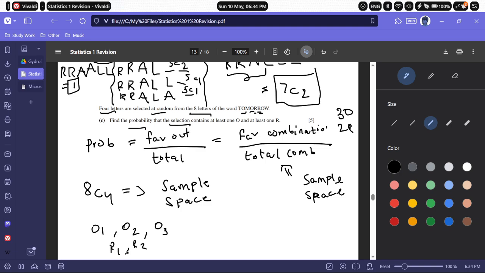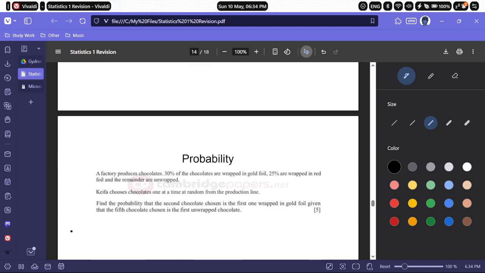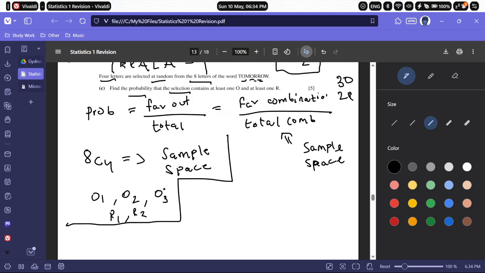So for probability questions involving selections, you think of them as separate letters. Okay, now we can dive into the question.